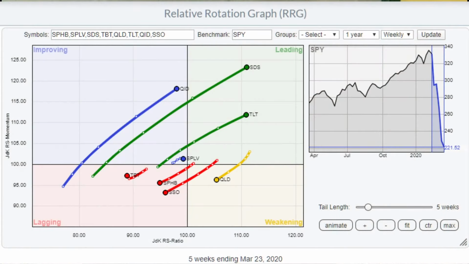It was about using RRG to indicate switching between pairs such as SSO, SDS, QLD, QID, TLT, TBT, which are basically the leveraged long and leveraged short ETFs for the S&P, the NASDAQ and treasuries, which are also ratios that you can plot perfectly fine on an RRG. I just always have been and always will be plotting the individual legs on the RRG and then looking at how that relationship develops.